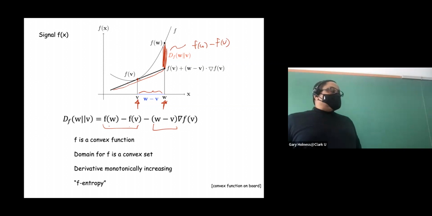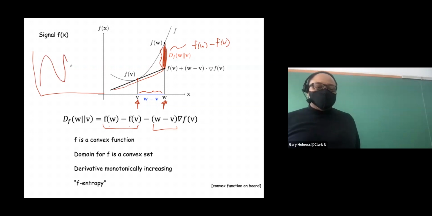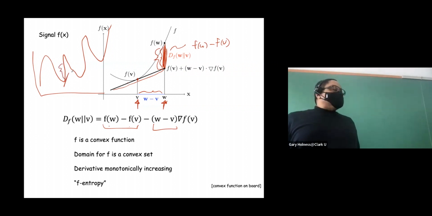Does that make sense? If we project that line out, assuming constant slope at point v, we get this difference. And that's the F entropy, or the so-called Bregman divergence. And it kind of makes sense. If your function is more wiggly, it changes and shifts very dramatically, you're more likely to get a larger set of differences between the constant slope assumption and the actual distance of that function.